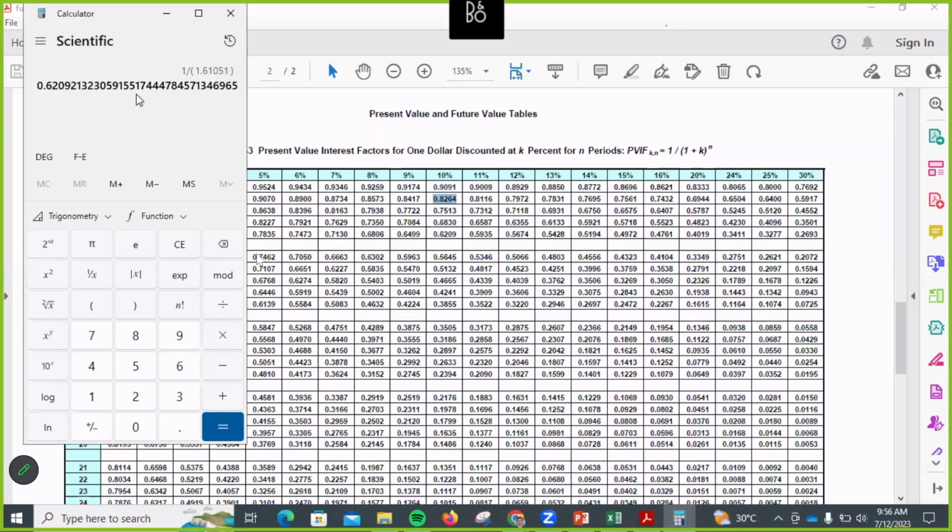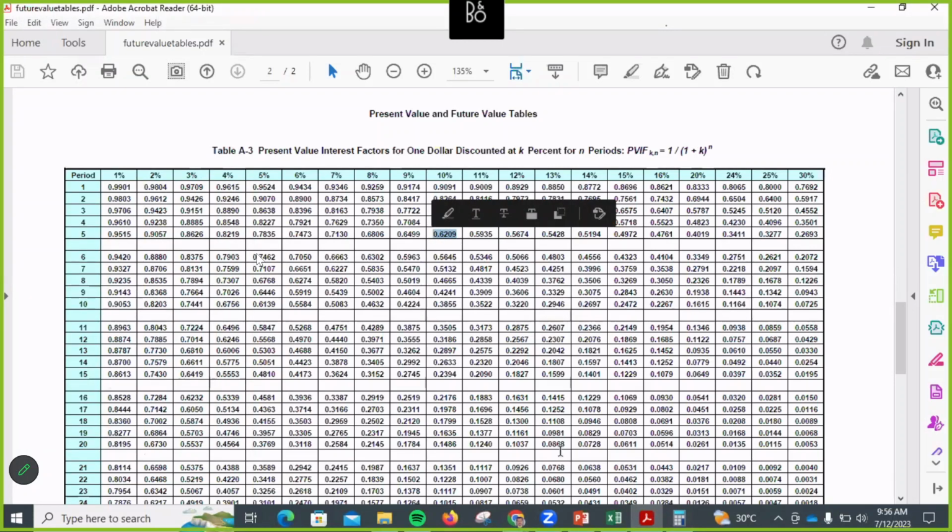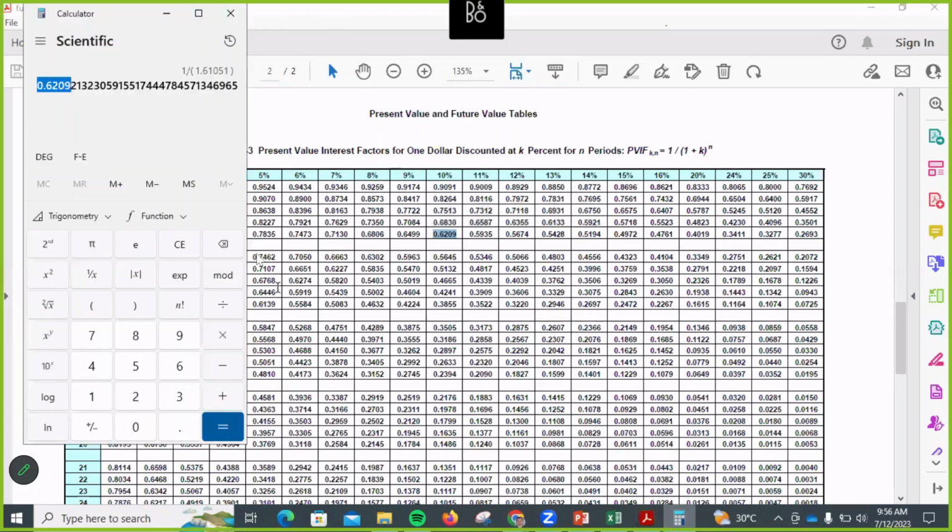You see that very long value. So this is equivalent to these values. So you can observe 0.6209 is there.